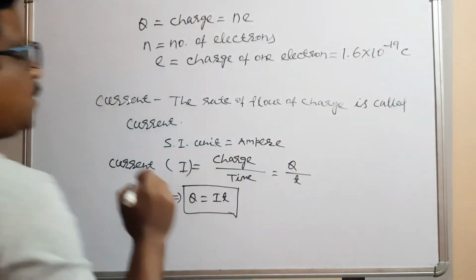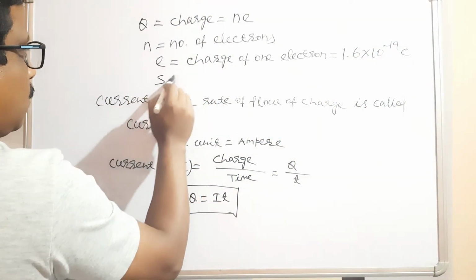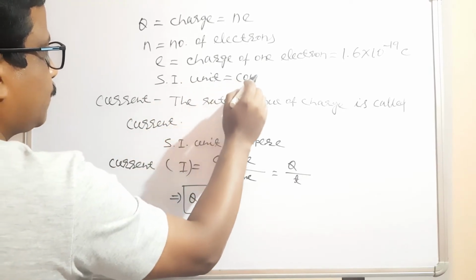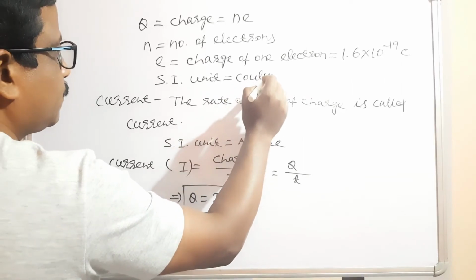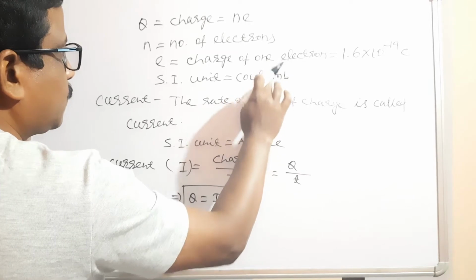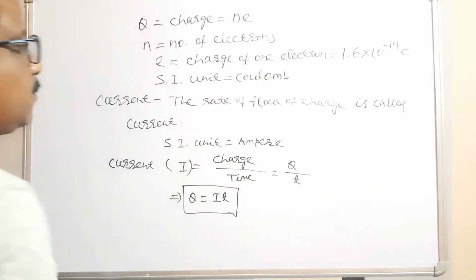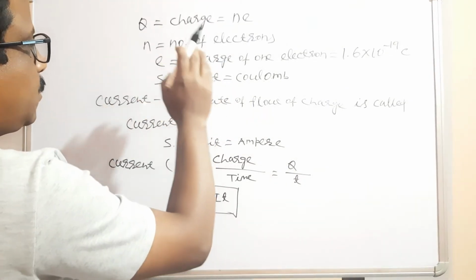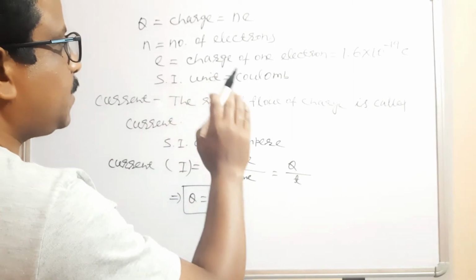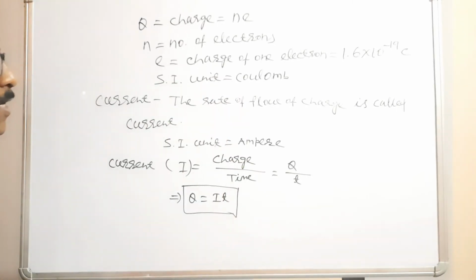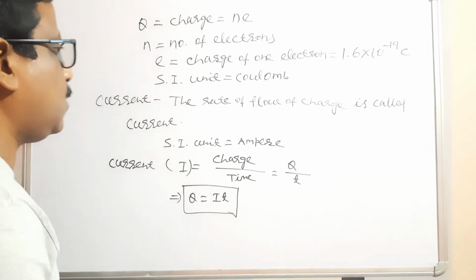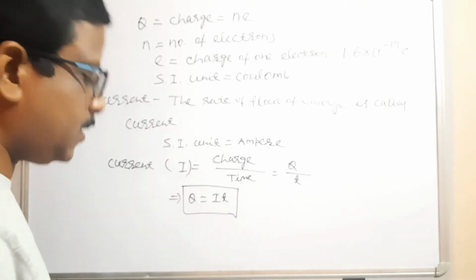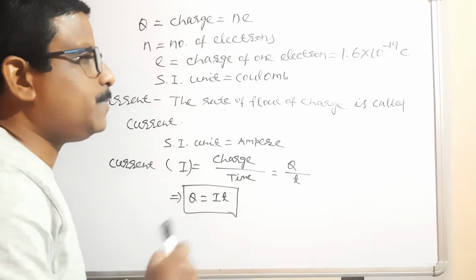The symbol of coulomb is C, and the SI unit of charge is coulomb. So Q is equal to N into e, where N is the number of electrons and e is the charge of each electron. Understood the current, the relation Q is equal to IT. This is a very important relation, you have to remember. That is about current.